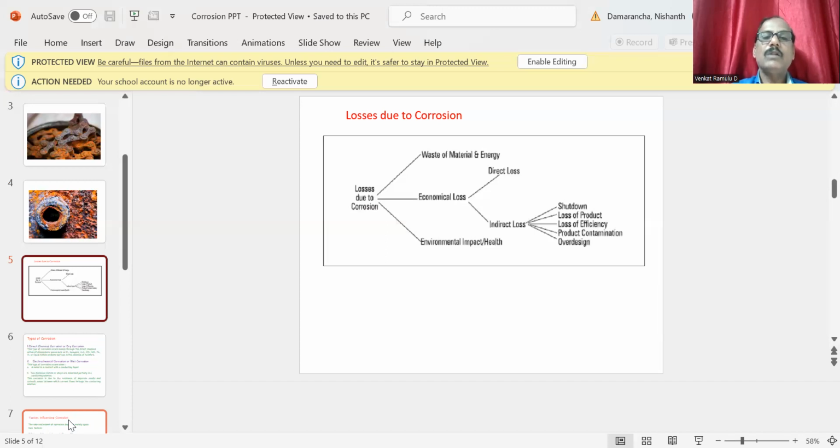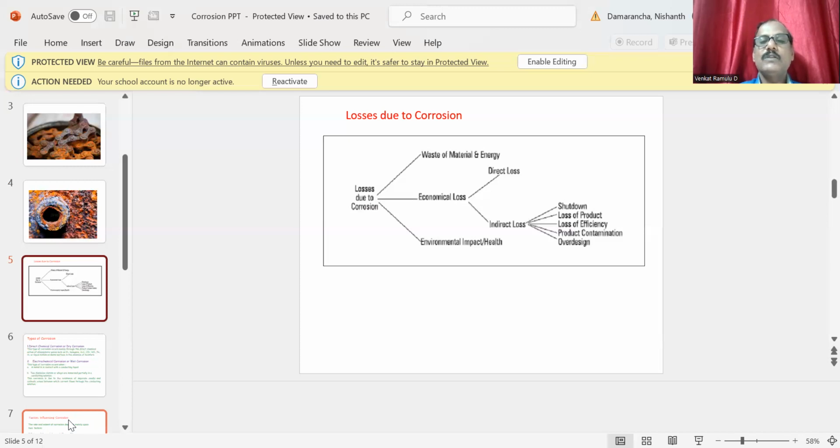Similarly, the third one is environmental impact or health impact. The environment is also getting affected by corrosion. For example, let us take methyl isocyanate, a very poisonous gas, which was leaked because of the rust formation in the pipes. Poisonous gas was leaked because of corrosion only.